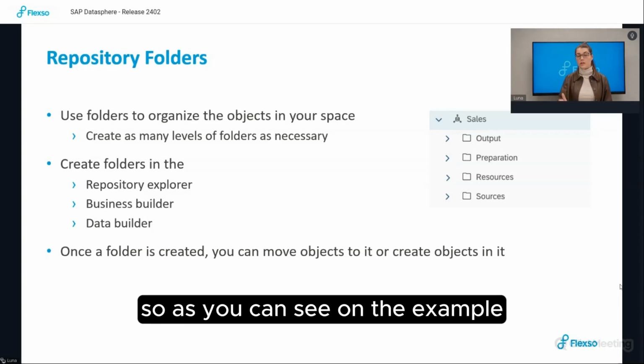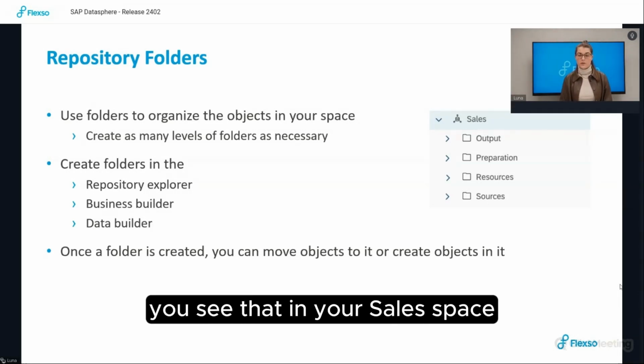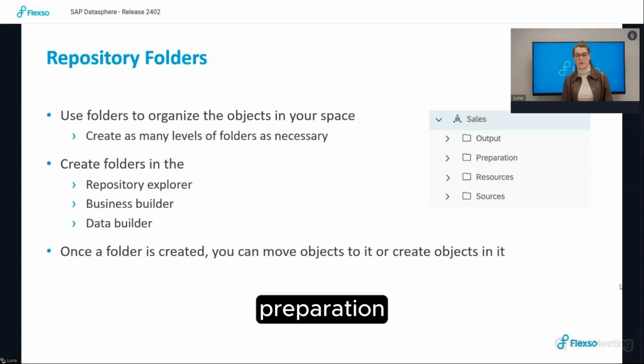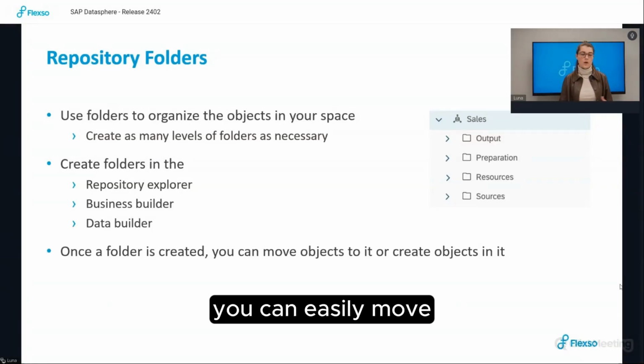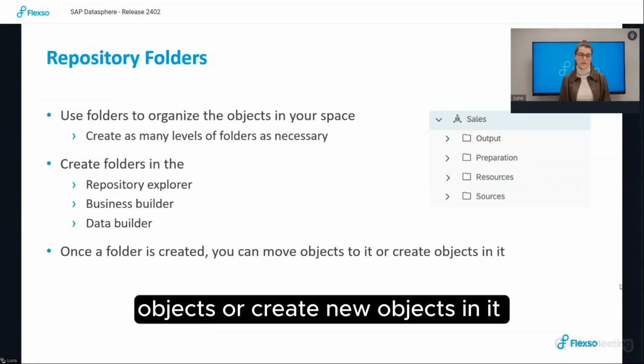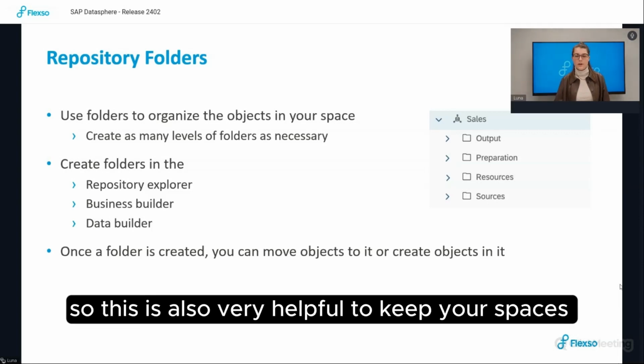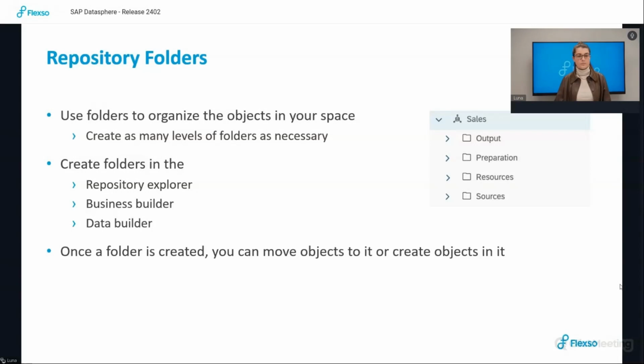So as you can see on the example, on the picture, you see that in your sales space, you have a folder for your outputs, your preparation, resources, and sources, for example. Once a folder is created, you can easily move objects or create new objects in it. So this is also very helpful to keep your spaces organized.